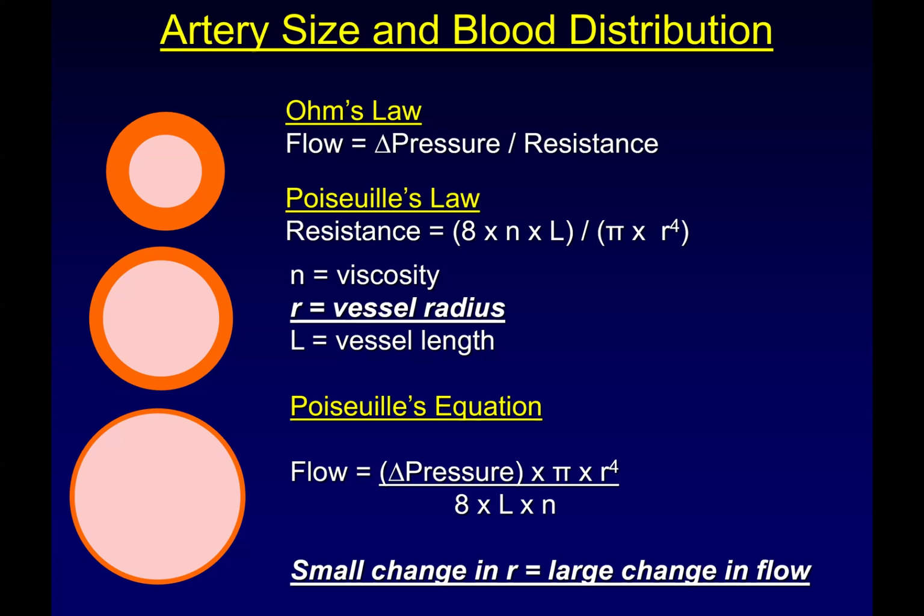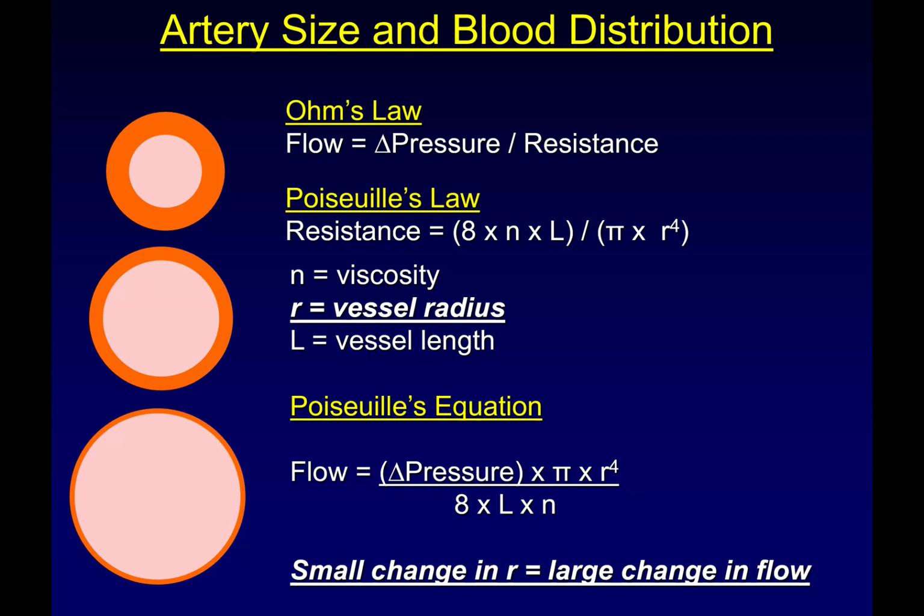So as the pressure gradient increases, you get more flow. You can increase the pressure gradient by lowering the pressure across that vessel by dilating, or also by lowering the resistance, which also happens by dilating.